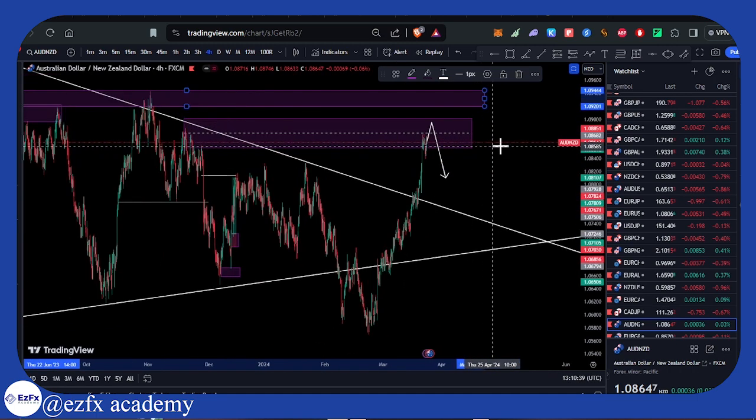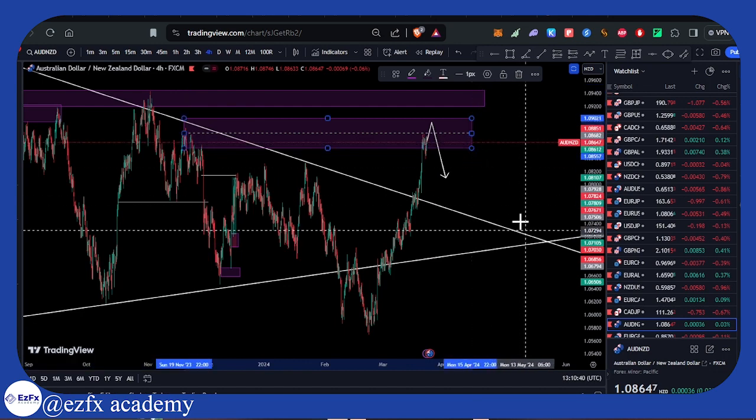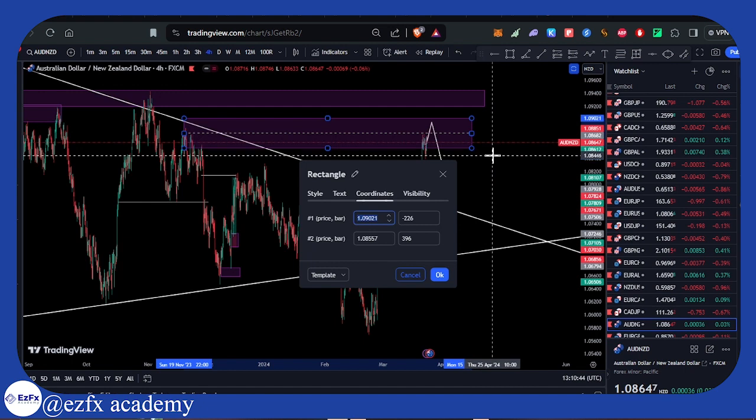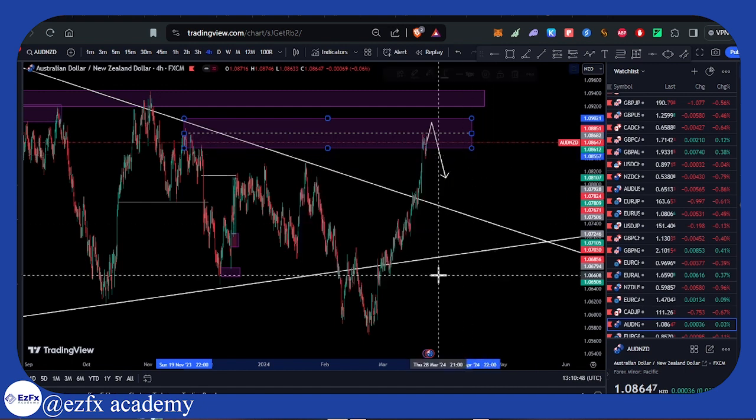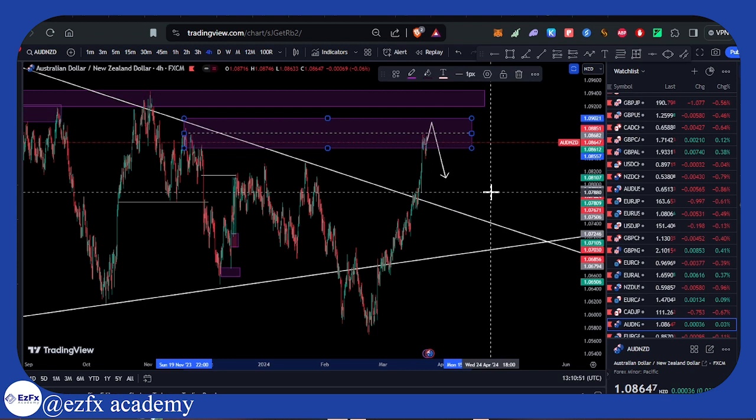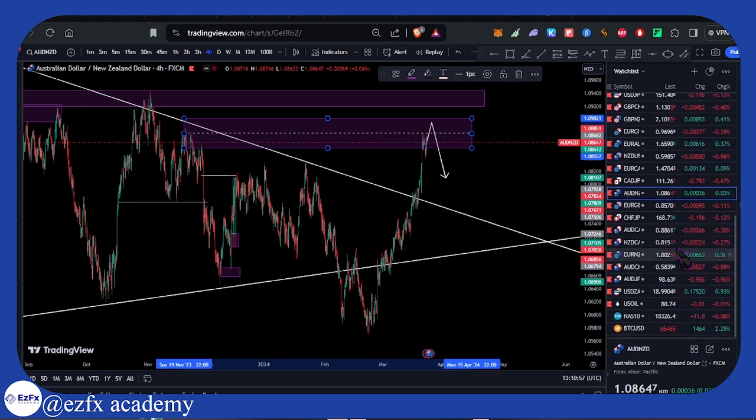Let me just give us the coordinates. I think I forgot to give the coordinates for the other ones, but let me give this one: 1.09021 and 1.08557. So that's where I'm watching out for a bearish move to happen from currently. I hope that's clear also for AUD/NZD.